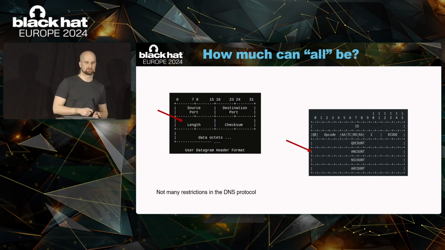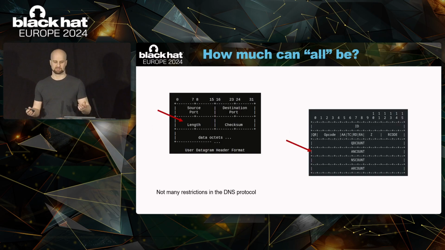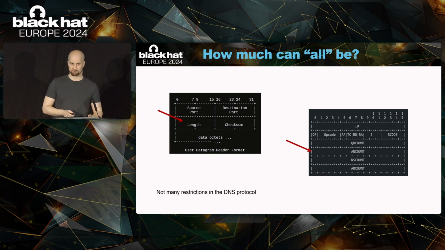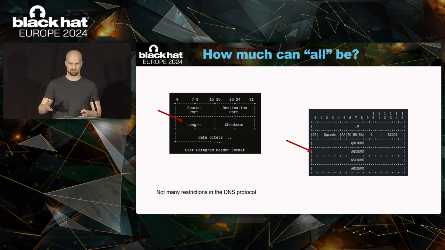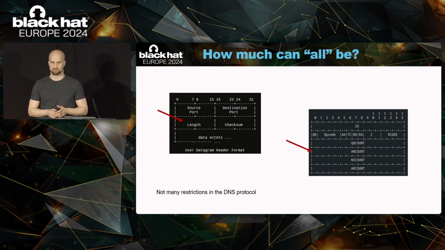To do this, we first must find out how big all of this can actually be. And if we have a look at the protocol, we find there are not many restrictions in DNS. We have our DNS message header here on the right side, which limits the records in a section to 2 to the power of 16 minus 1, so a 16-bit counter.